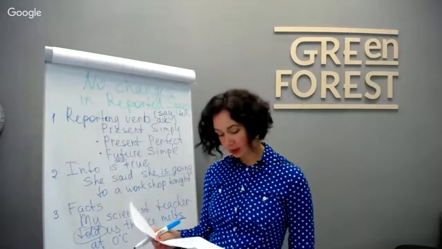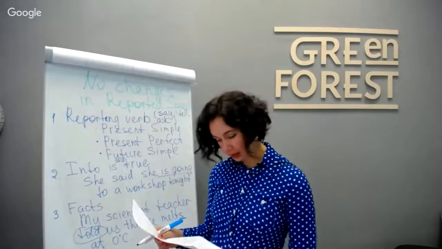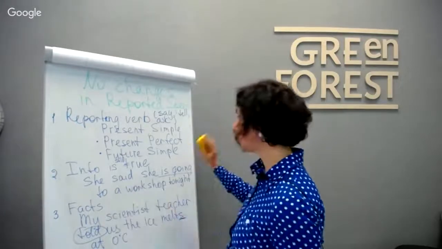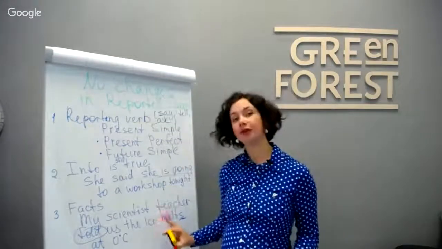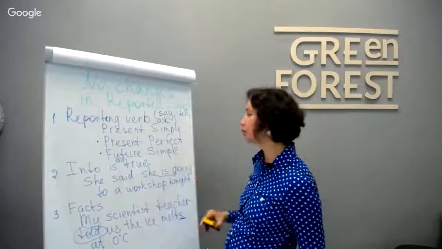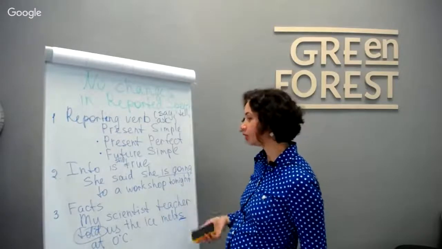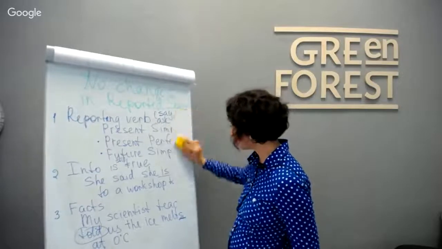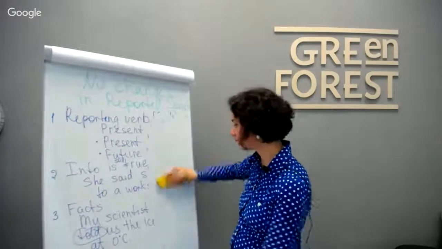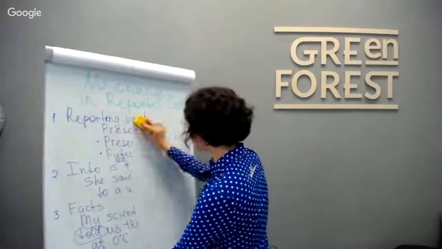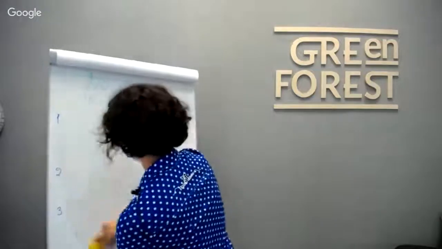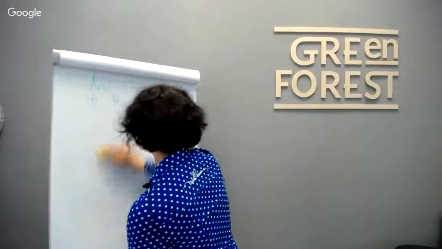Let's move on. I'm going to erase this one, and I'm going to tell you a little bit more. These are the main 3 rules that you need to know about no changes, but you need to know a little bit more. Actually, I have already told about them in the previous webinars about reported speech, but as this is a webinar especially about no changes in reported speech, you have to know them.